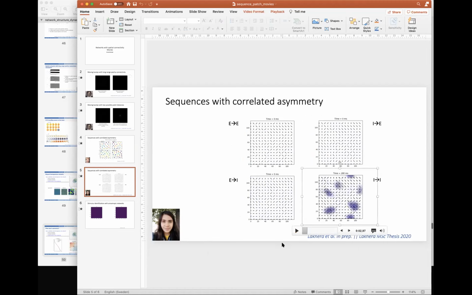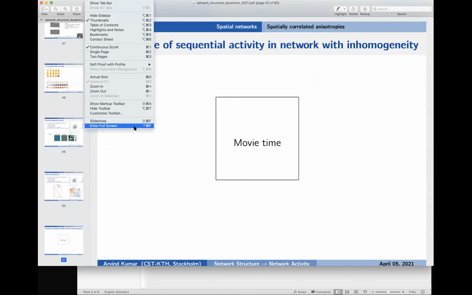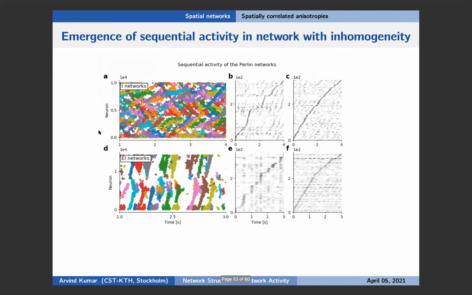So it doesn't matter in which of these 4 connections you introduce the correlated asymmetry, we always end up with spatiotemporal sequences as long as there is some correlation in their preferred connectivity. This gives us an indication that maybe this is the possible connectivity substrate which underlies emergence of sequential activity in neural networks, often seen experimentally and displayed pretty much like in these pictures here.